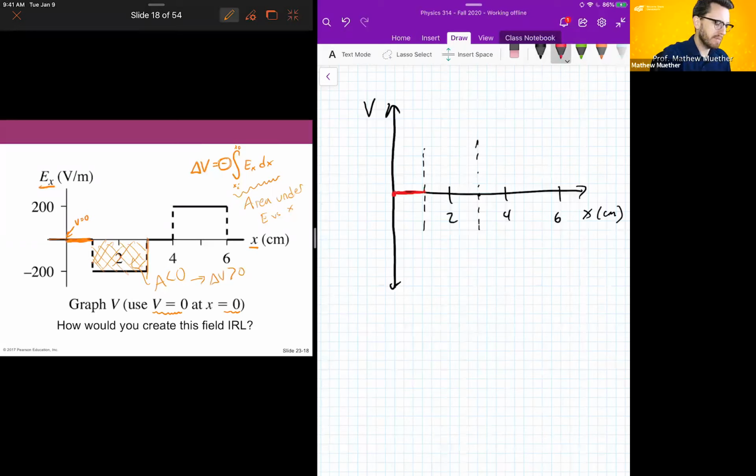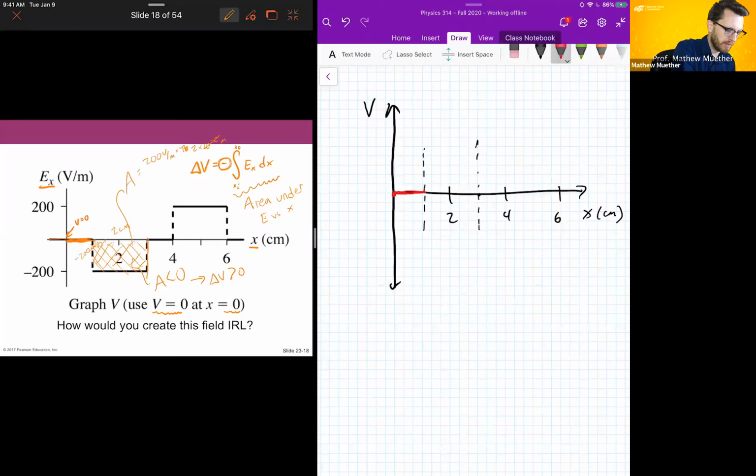At 3 centimeters, it's going to be that area under the curve. What is that going to be? That's my 2 centimeters times this minus 200 volts per meter. So that area is going to be 200 volts per meter times 2 times 10 to the minus 2 meters.